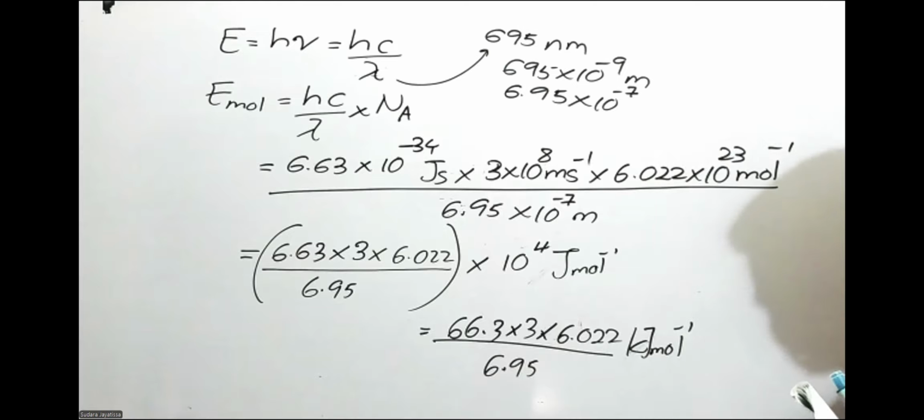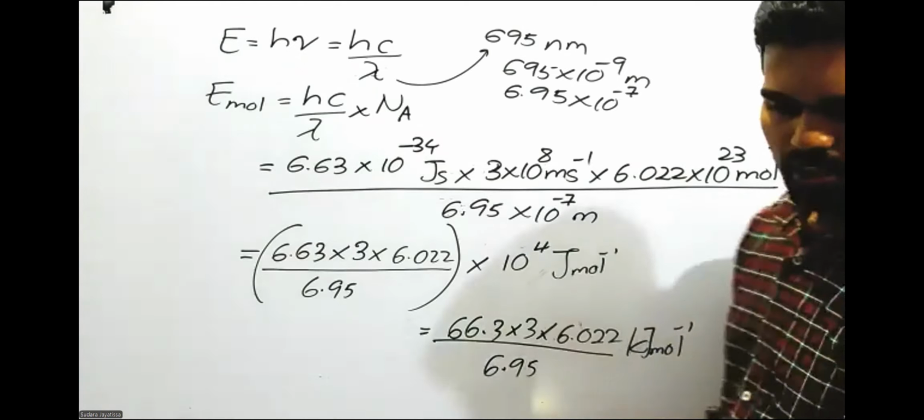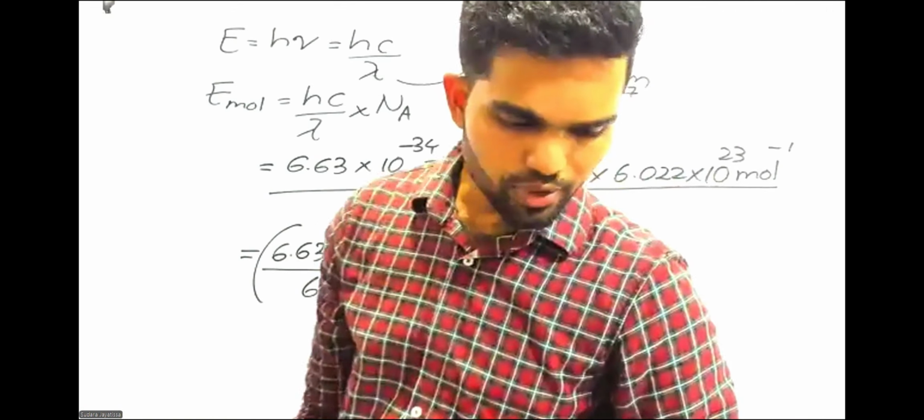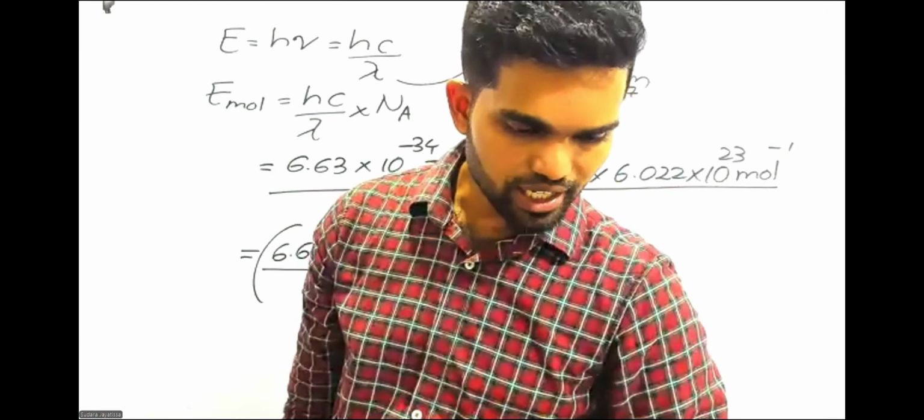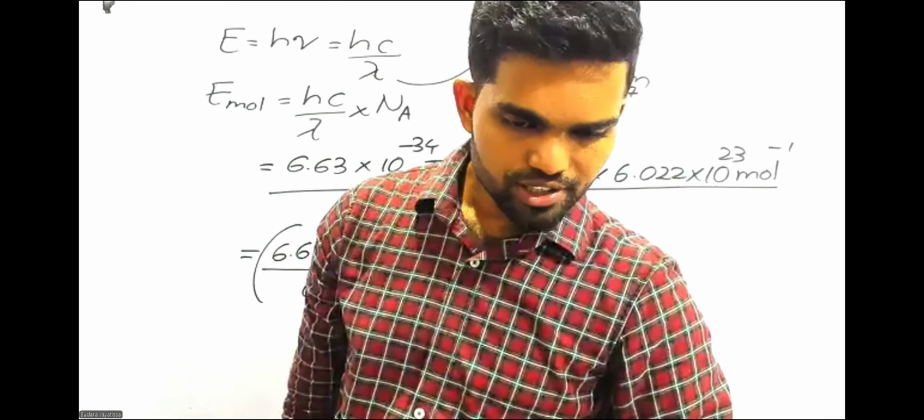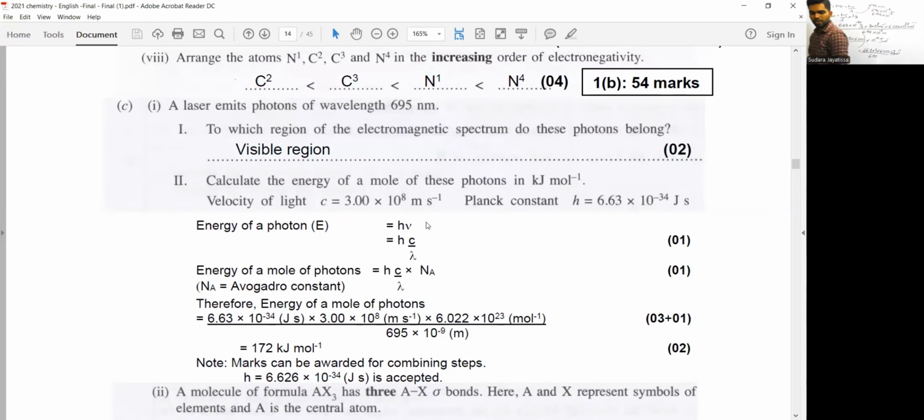Understood that one, Lama? Right, now I'll show you the marking scheme before we go to the next part, because we can find the correct answer for this simplification also. You can see where they have offered marks. For writing energy of 1 photon, they gave 1 mark, that equation. And for the mole of photon, 1 mark.